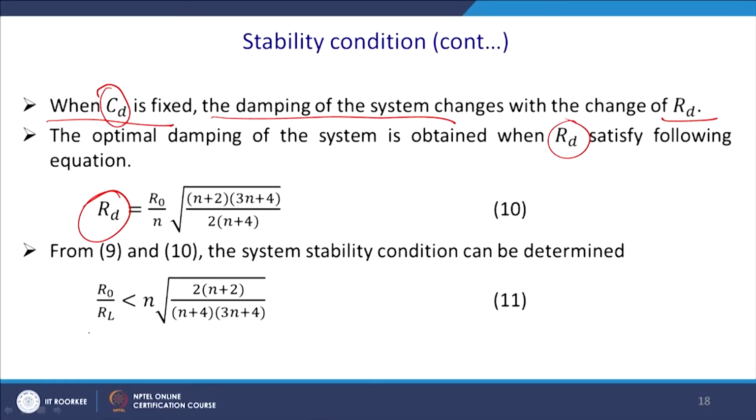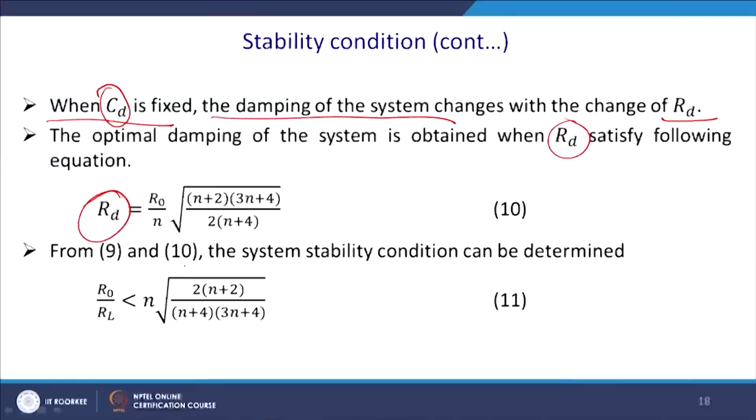From equations 9 and 10 we can derive the condition of the stability, that is R 0 by R L, this ratio should be less than n into... So, you can take these two equations and combine: 2 into n plus n 2 by n plus n 4 into 3 n plus 4.